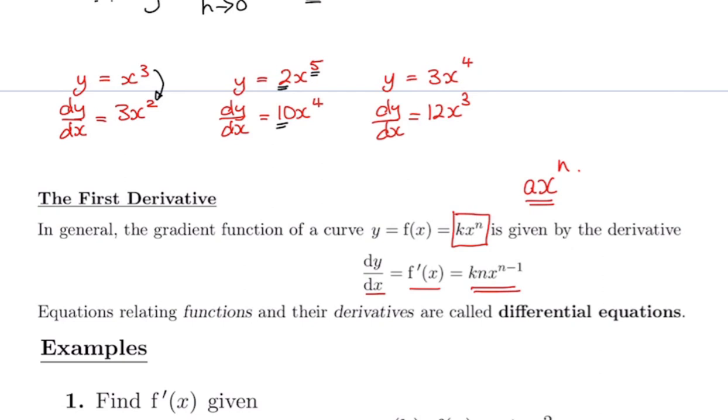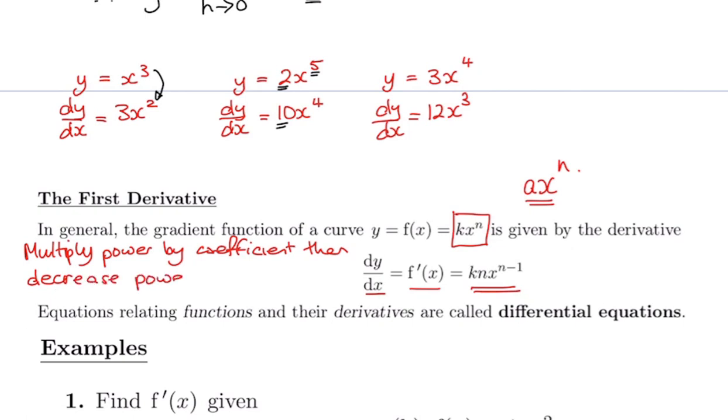So in words, what we do is we multiply the power by the coefficient, and then we decrease the power by 1.